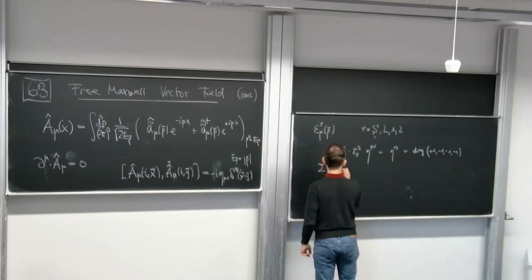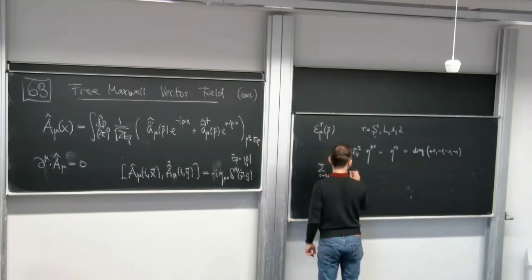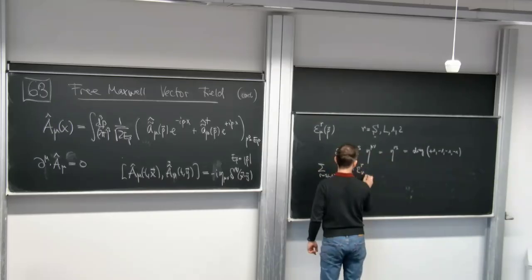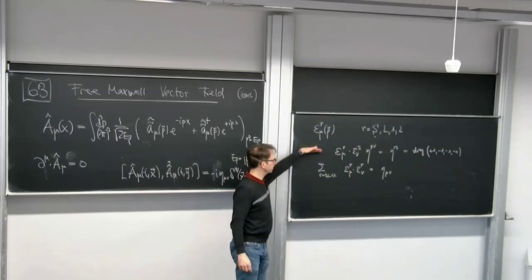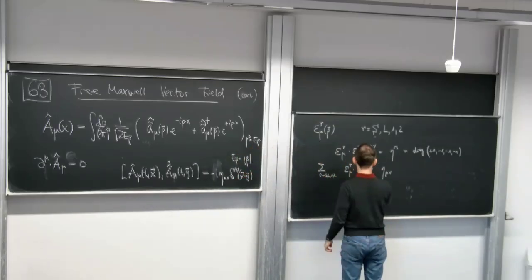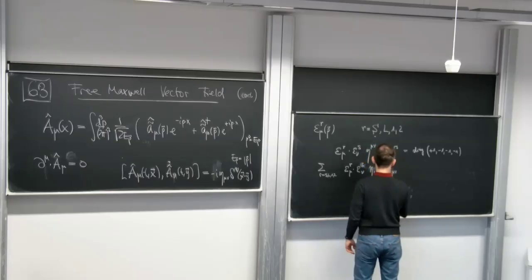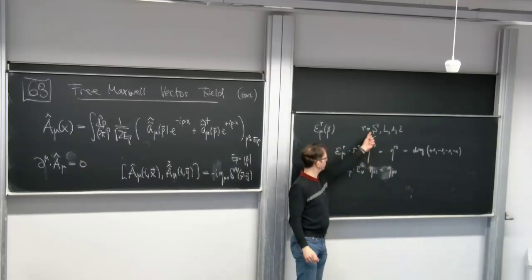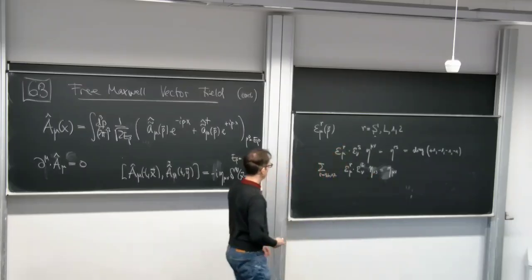So if you sum over r, S, L, 1 and 2, ε^μ_r ε^ν_r, then you get η^μν. That's orthogonality and completeness. That's actually wrong. You have to take the sign into account: η^rs ε^μ_r ε^ν_s. Now it's right. So S comes with the plus again with the minus sign. Now it has to be a metric like this.